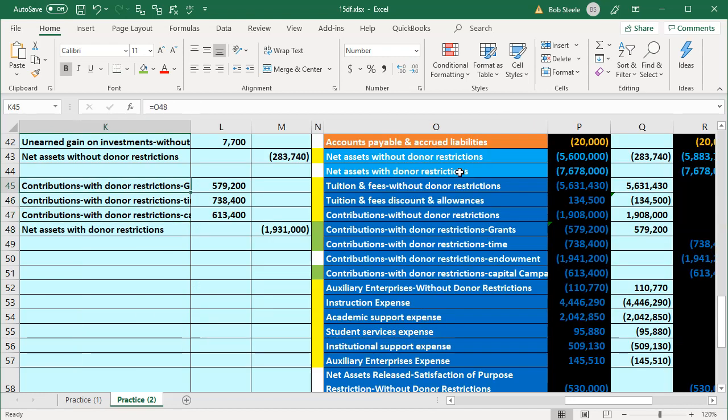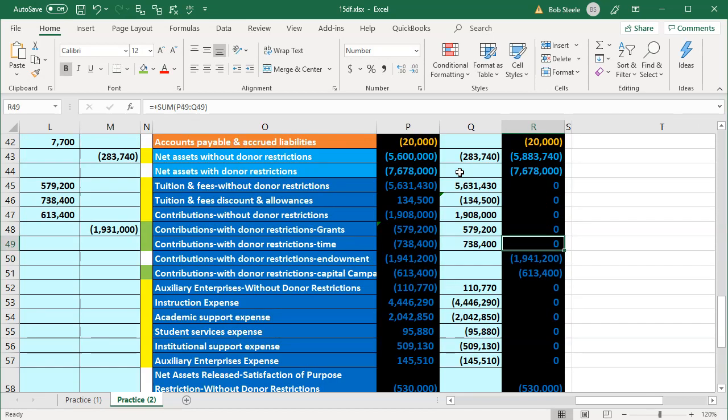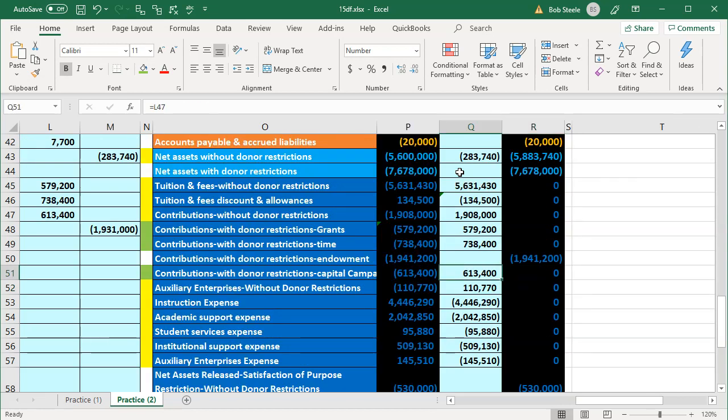Then we're going to pick up the contributions with donor restrictions related to time. That is in cell Q49, where we say equals, scroll over to the 738,400, bringing it to 0. And then we're going to go to the contributions with donor restrictions for the capital. That's going to be in cell Q51, where we say equals, scroll over to the 613,400, enter, bringing it to 0.